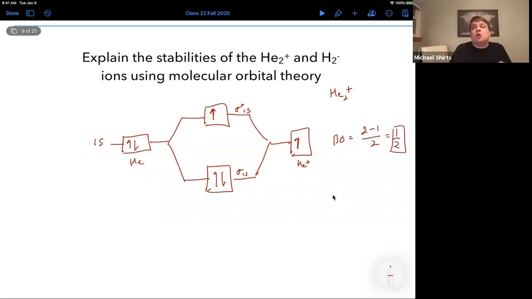It's stable with respect to the atom and the ion being separated, but not stable with respect to other combinations that occur. Other electrons that come, it'll suck those up, and you'll get more stable helium atoms alone. But a helium atom and a helium ion are indeed more stable together than they are apart, and that is borne out by experiment.